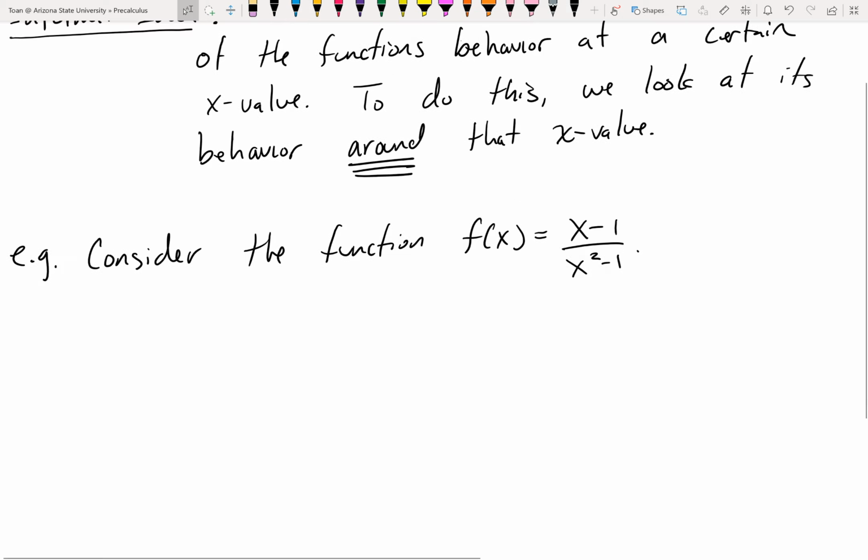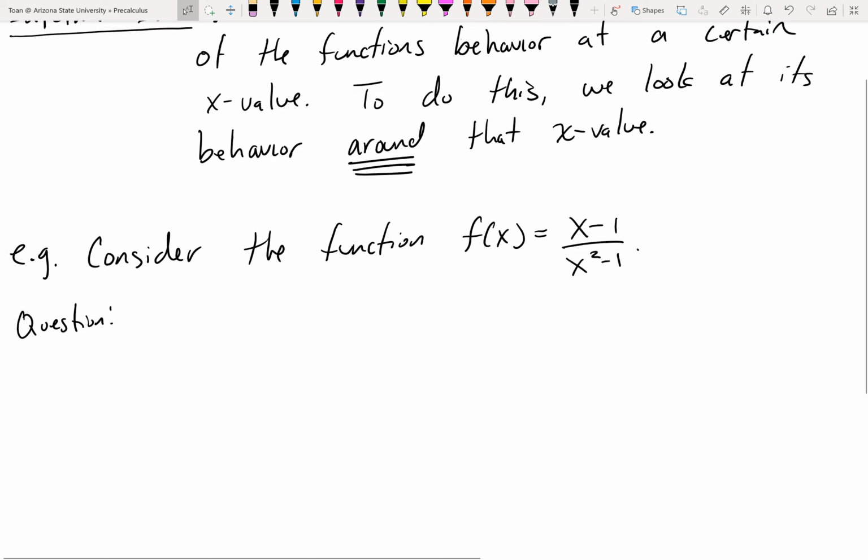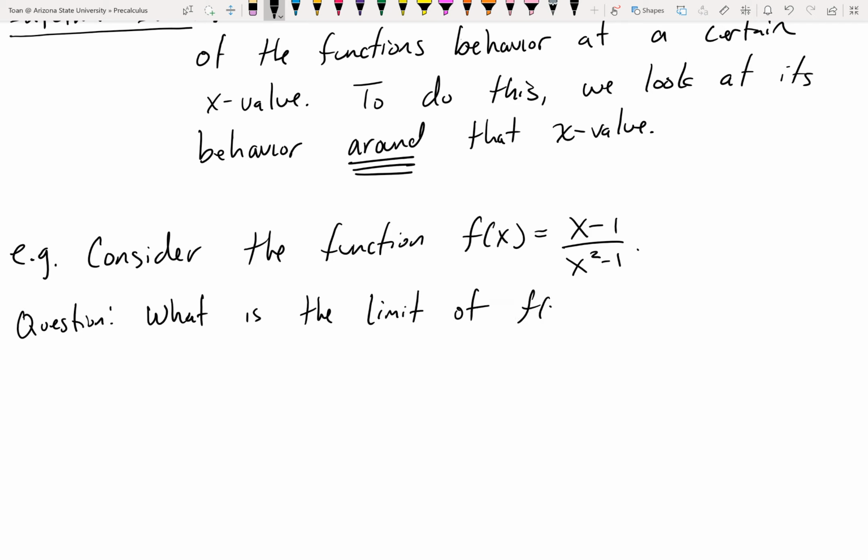And here's the question, and I'm going to phrase it in the way that we typically say it in math. What is the limit of f of x, so of this function, as x approaches, say, the number 1?